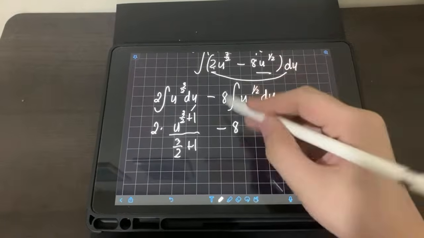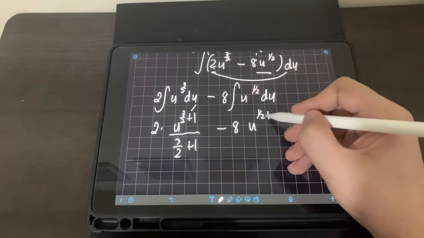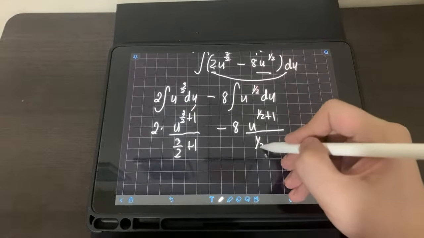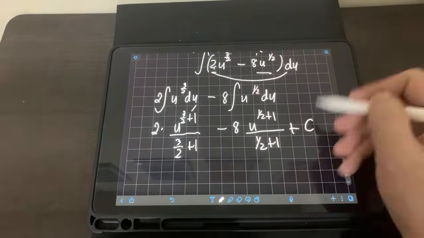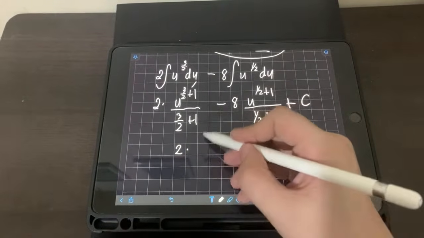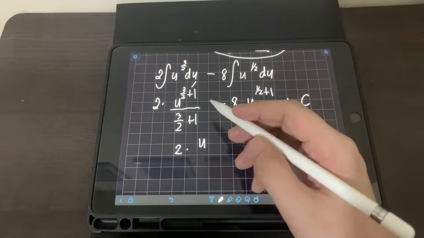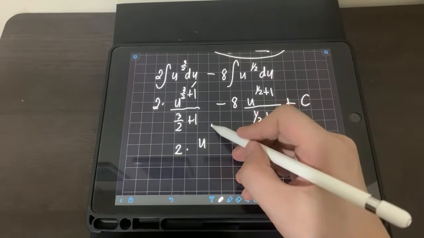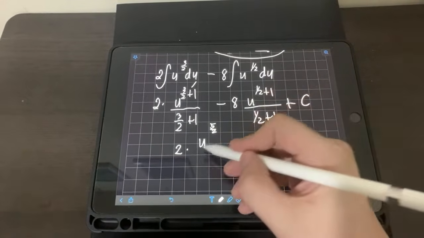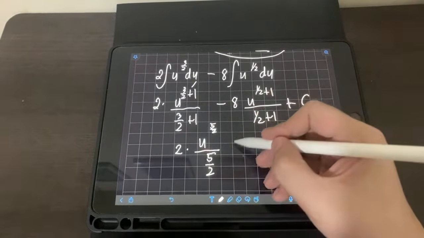Minus 8, how about integral of u to the 1/2 du? U to the 1/2 plus 1 over 1/2 plus 1 and then plus c. So, simplify the fractions. So, 2 times u, what is 3/2 plus 1? It's 5/2, right? Divided by 3/2 plus 1 is also 5/2.